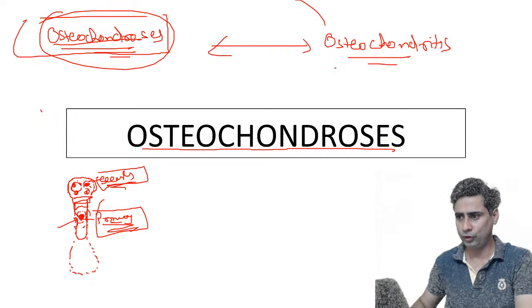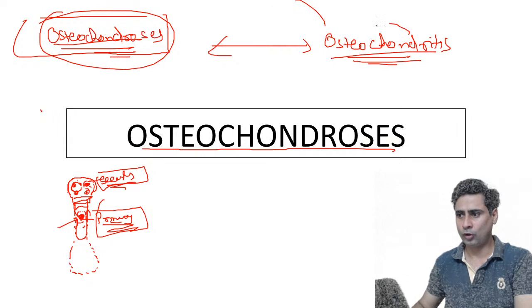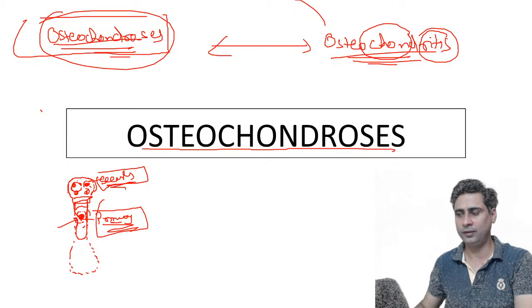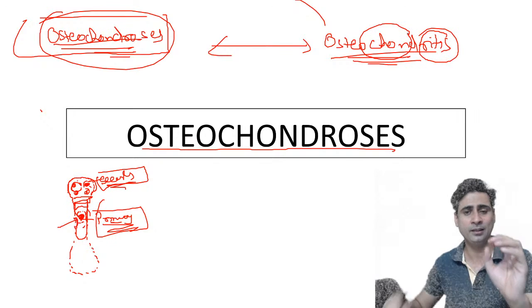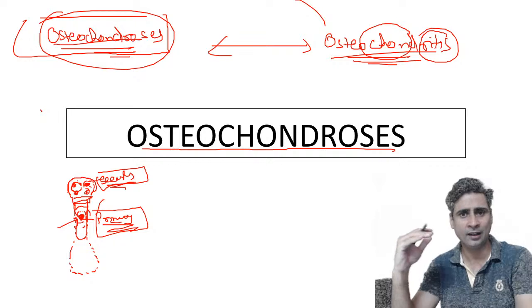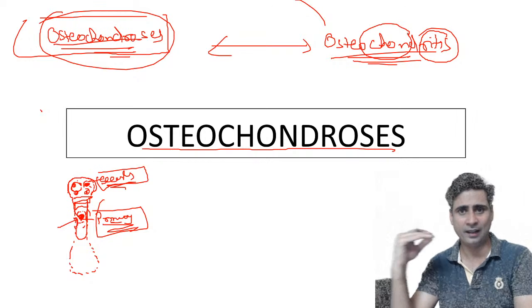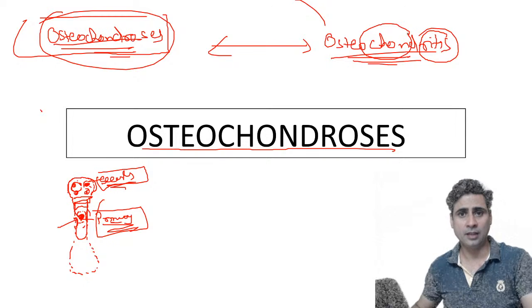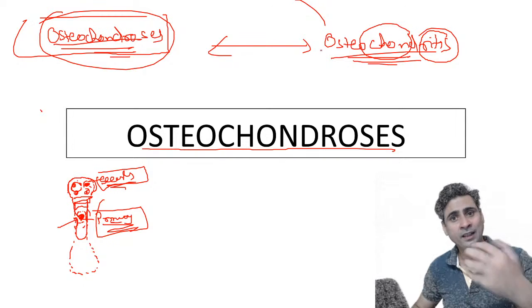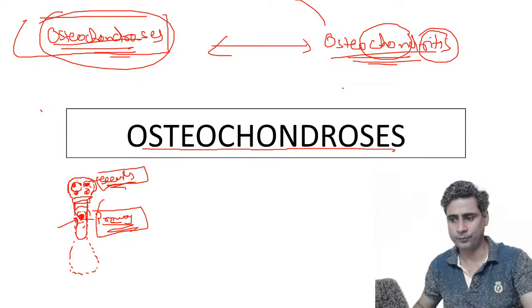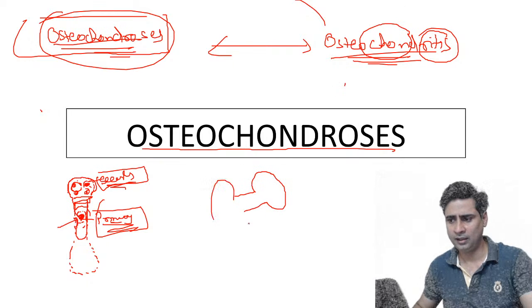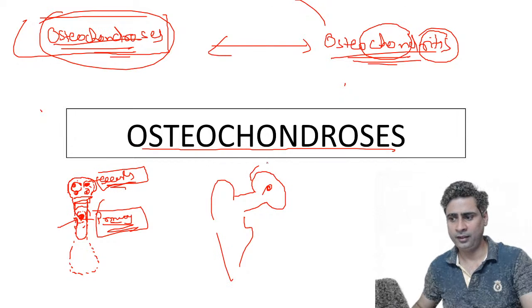So now what is osteochondritis? Chondro means cartilage, itis means inflammation. So simply, osteochondritis means inflammation of articular cartilage. In some of the osteochondroses which are intra-articular, like Perthes disease, which is osteochondrosis of the femoral head, it is intra-articular.